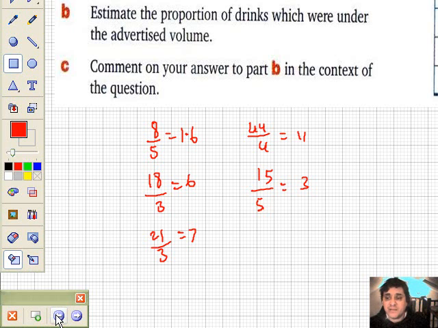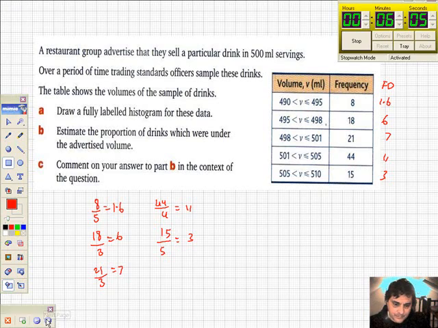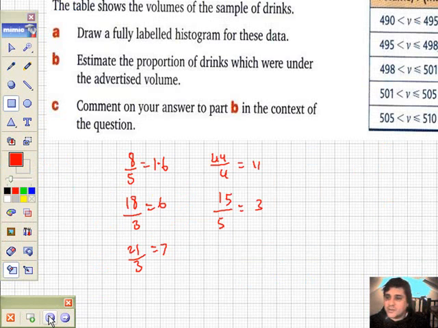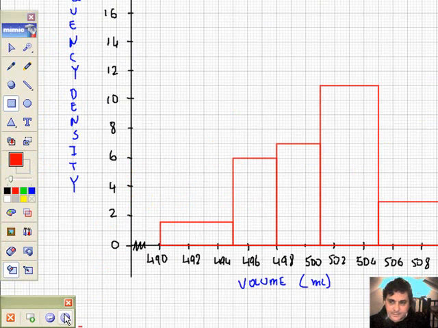To be under the advertised volume, you've got to be 500 or below. So let's just take a look at this histogram. What have we got? We've got 8 and 18.